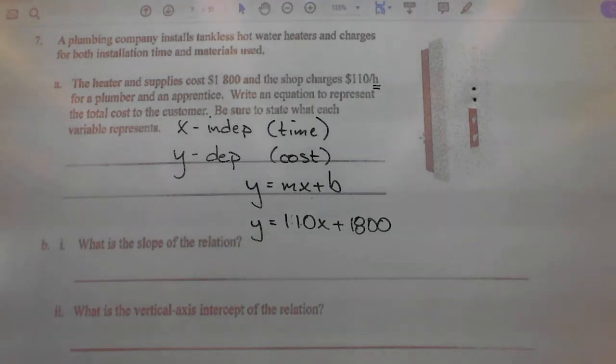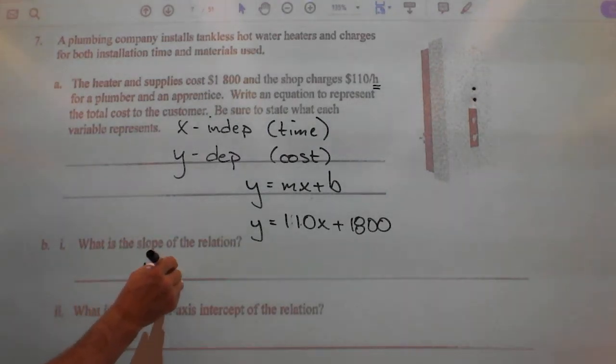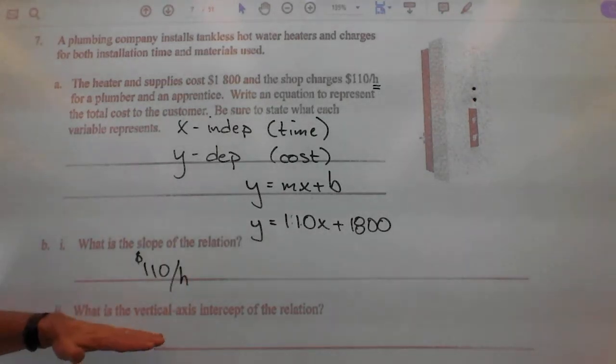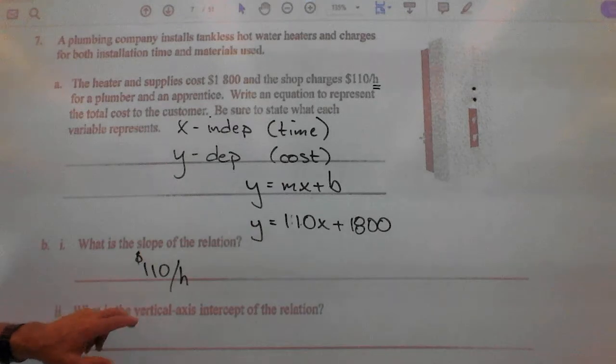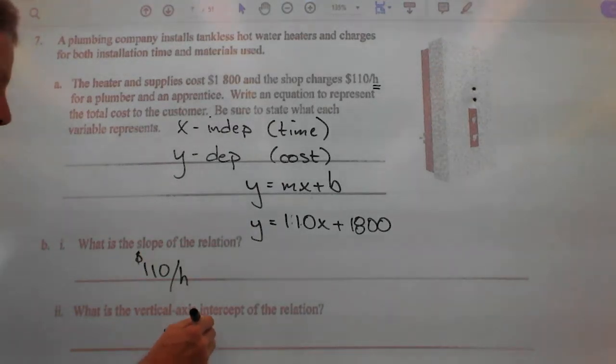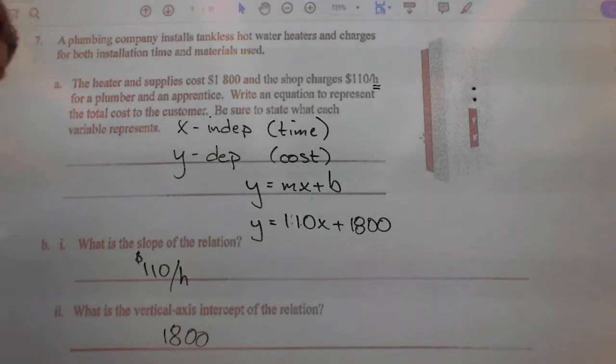Okay? What is the slope of the relation? $110 per hour. What is the vertical axis intercept, or y-intercept of the relation? Remember, that's the constant term, the one that doesn't have a variable. In this case, $1,800.